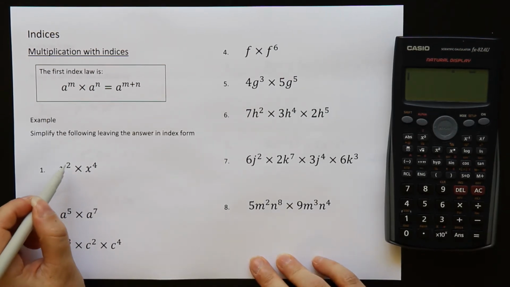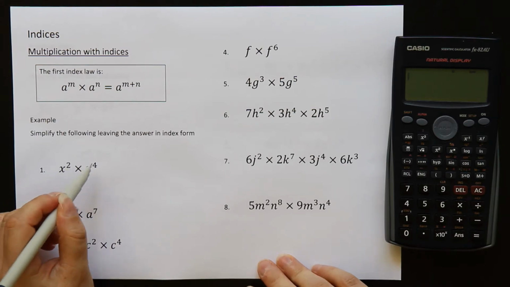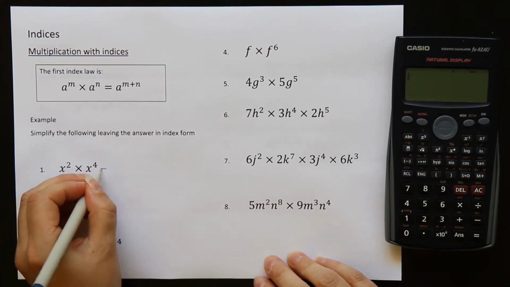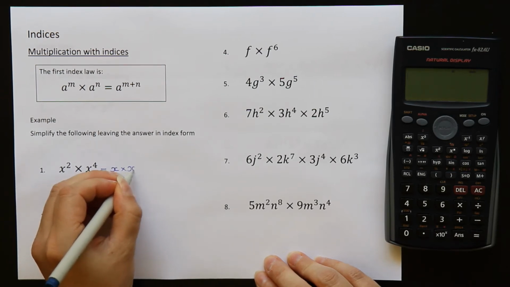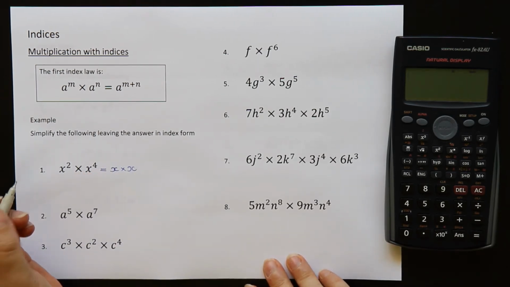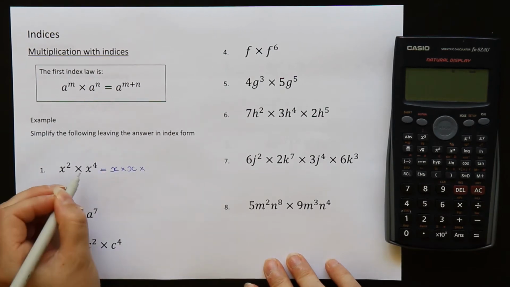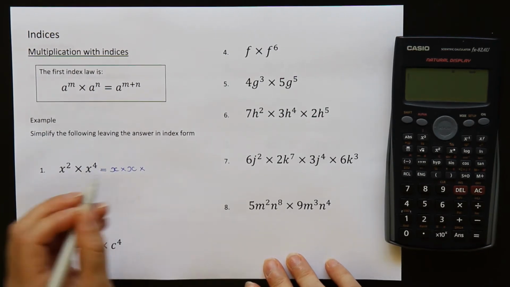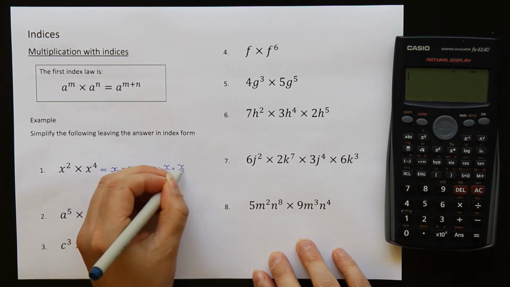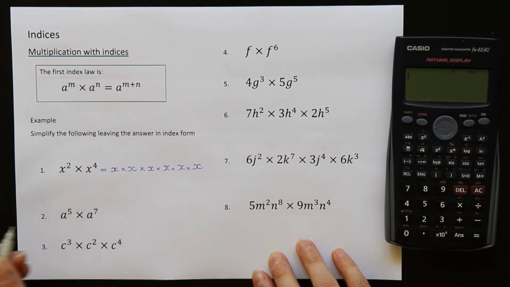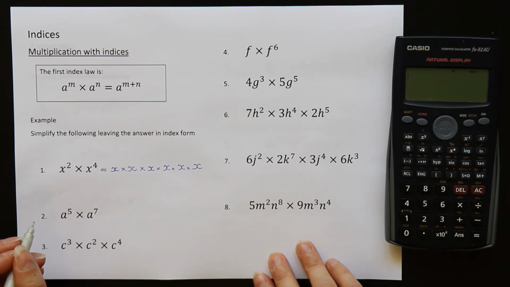If I have x squared times x to the power of 4, now x squared could be written as x times x. It means two x's times together. And then I want to times that by x to the power of 4, which would be 1, 2, 3, 4 more x's all times together.